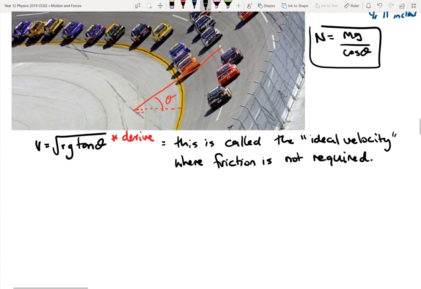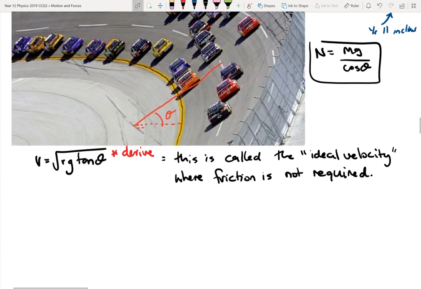Okay? So in this case, the only forces acting are going to be the normal force and the weight force. So we're not considering any friction force that's going to assist here.